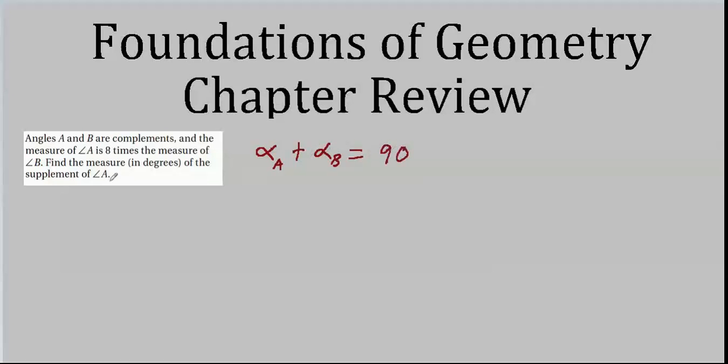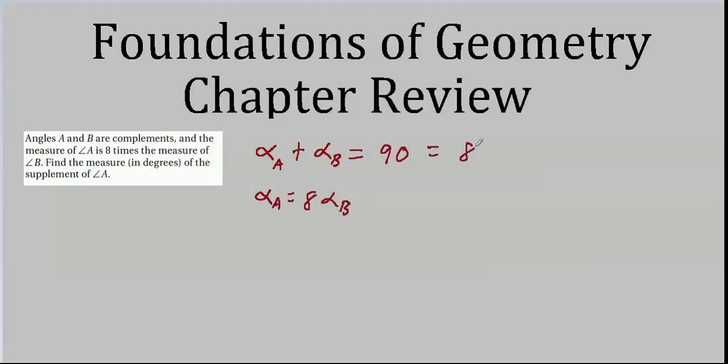On the other hand, we have that angle A is 8 times B. So we can write alpha sub A equals 8 times alpha sub B. So how about we substitute in there? Would that be a sensible thing to do?